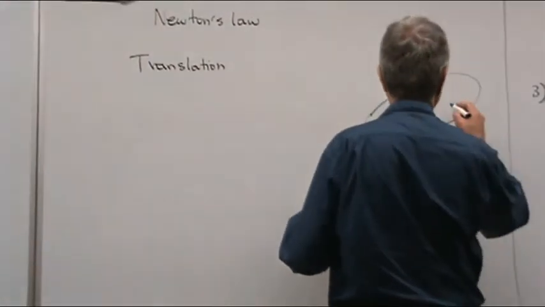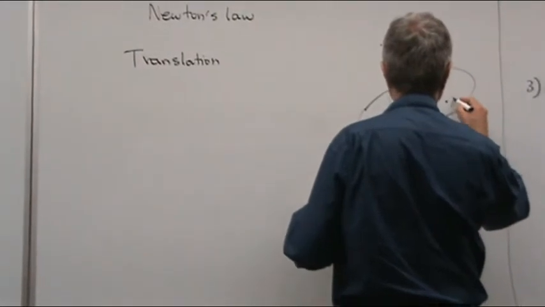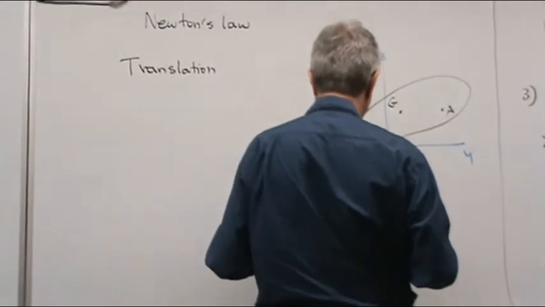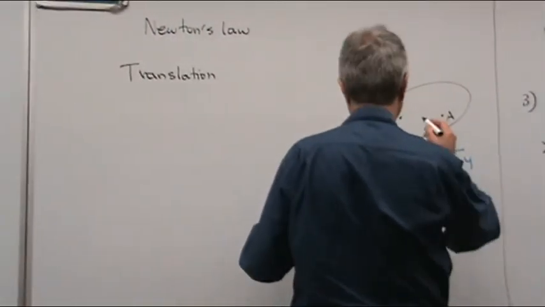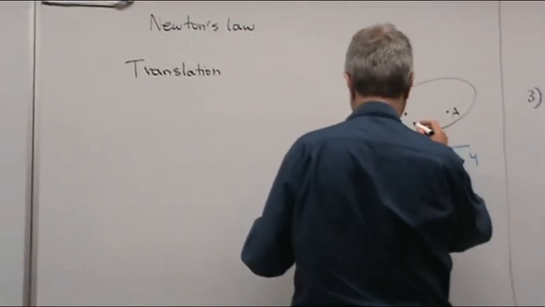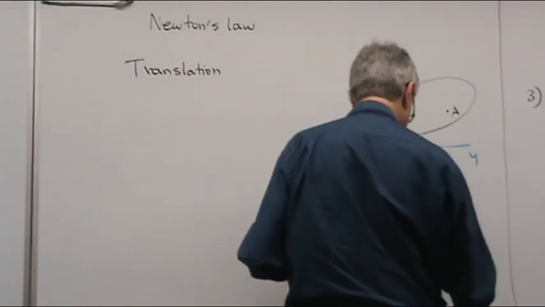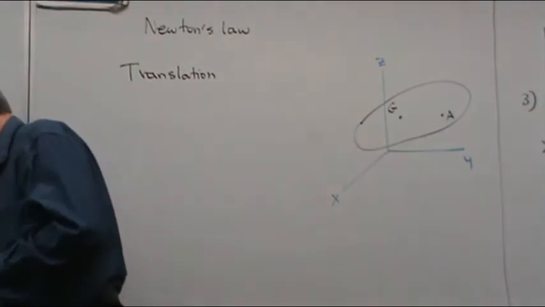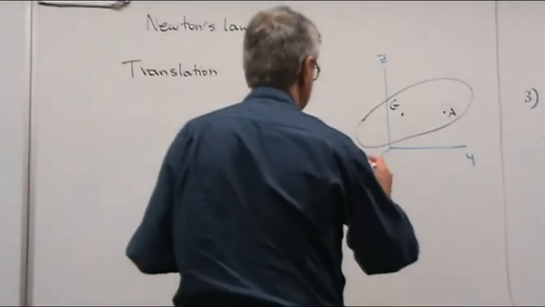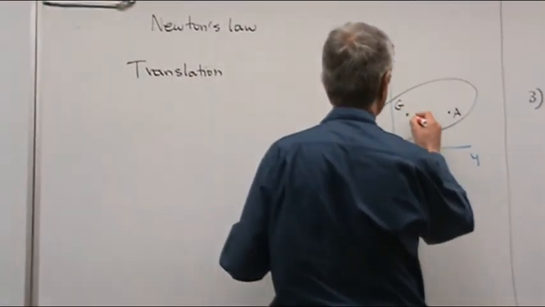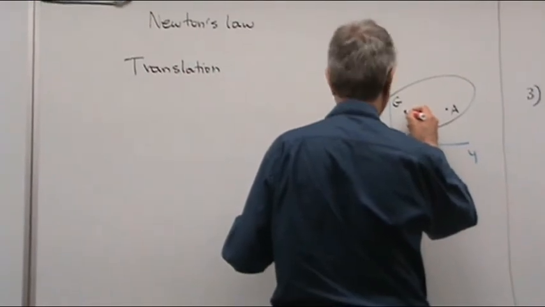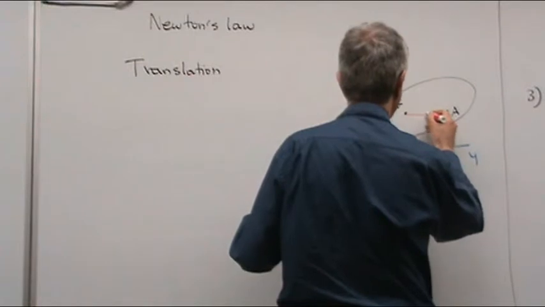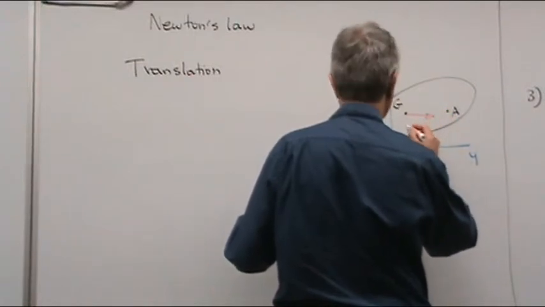Then you have another reference point A, and consider that the acceleration is on the center of gravity. The acceleration is AG.